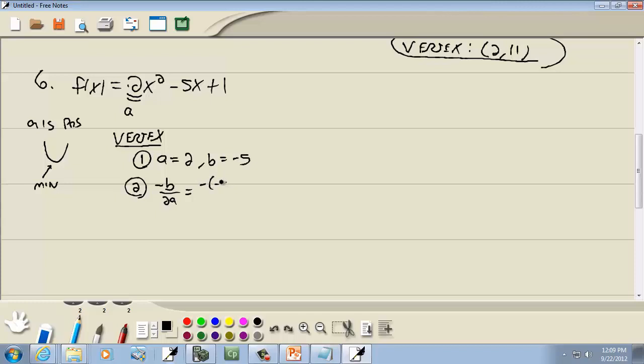So we have negative 5 over 2 times 2. Negative negative gives us a positive 5, and 2 times 2 gives us 4. And again, that's the x part of our vertex. Then we want to take that value and plug it back into our original function. So everywhere I have an x, I'm going to put in 5/4.